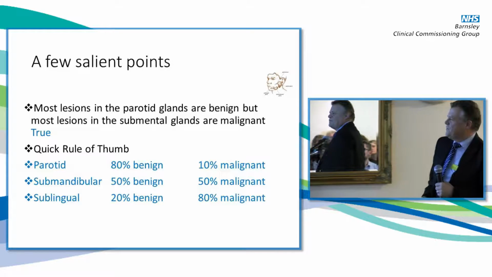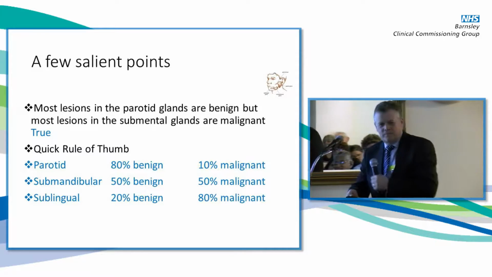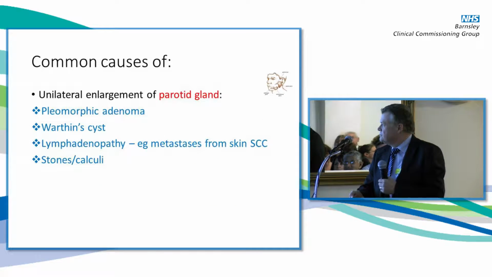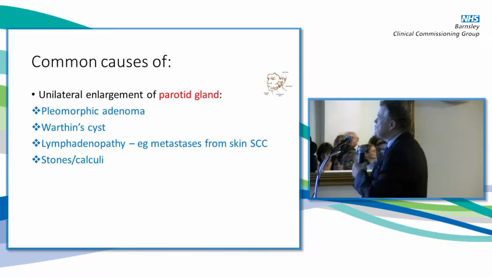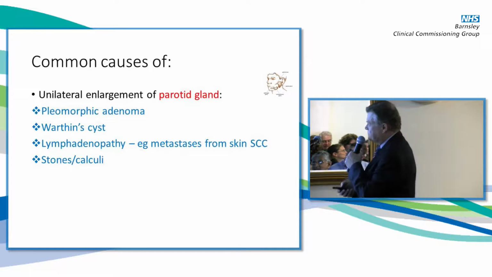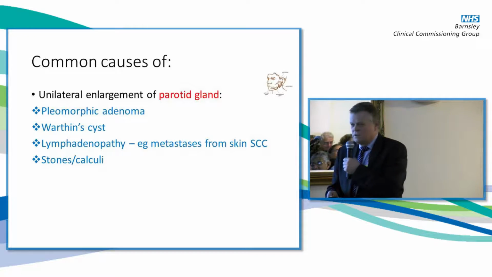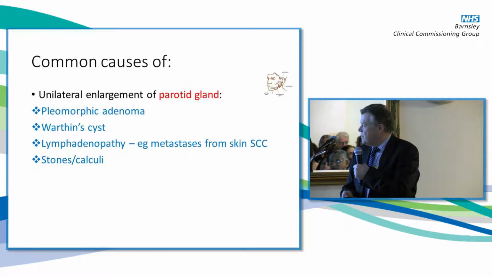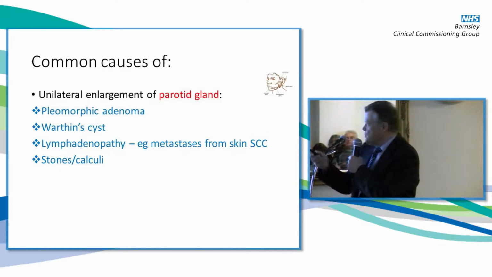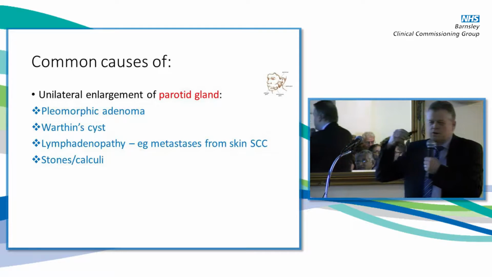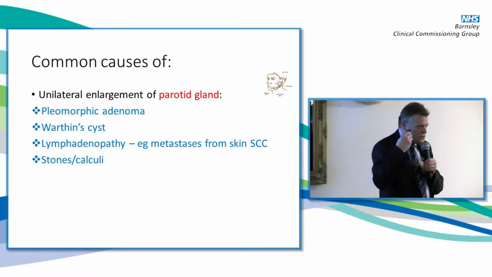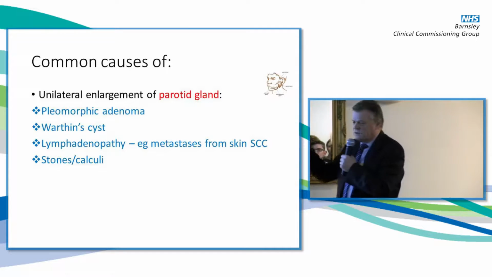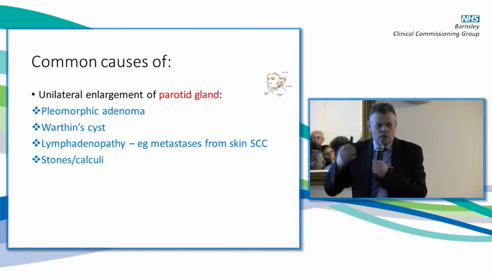So submandibular is about 50-50, sublingual 20-80. So common causes of unilateral enlargement of the parotid. These are well known to you, I'm sure. We're seeing actually, and Austin I'm sure will agree with this, an increasing number of parotids with lymph nodes in that are metastatic nodes from skin squamous cell carcinomas of the scalp.